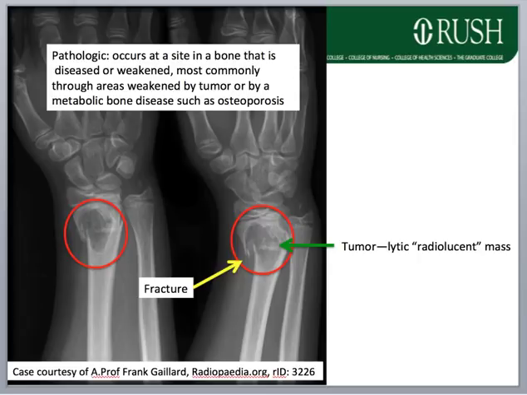You can see in the red circle the radiolucent mass at the end of the radial bone, and at the yellow arrow you can see that the bone is fractured there. So this is called a pathologic fracture, and it can occur in areas weakened by either tumor or some kind of metabolic bone disease such as osteoporosis.